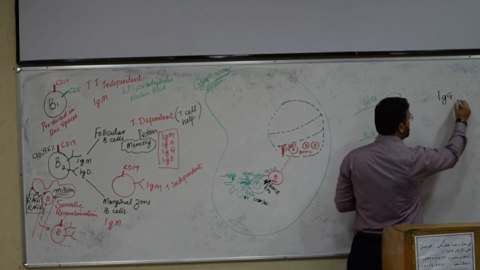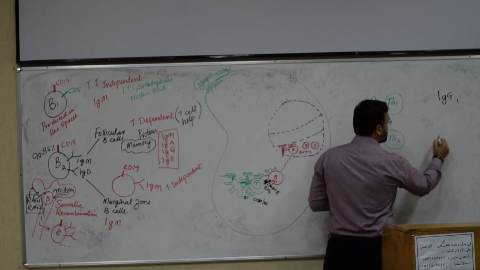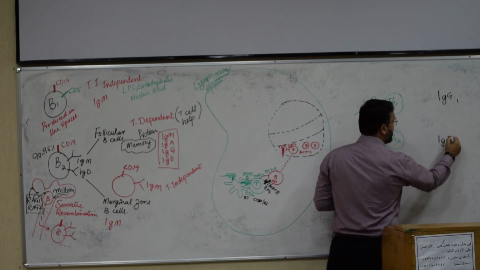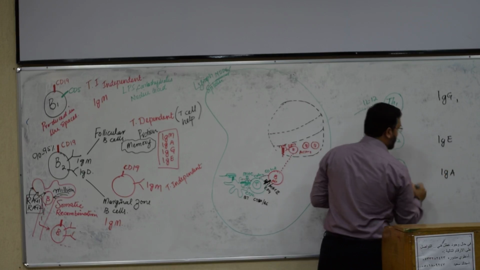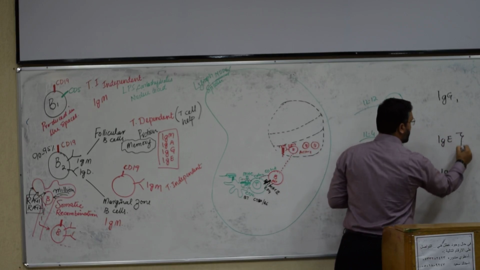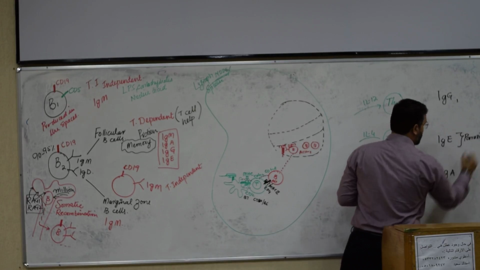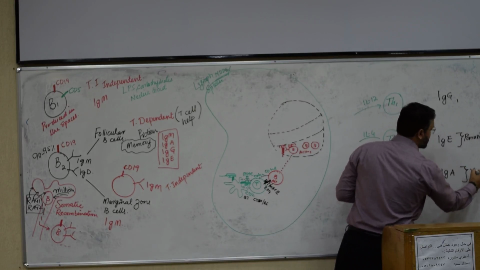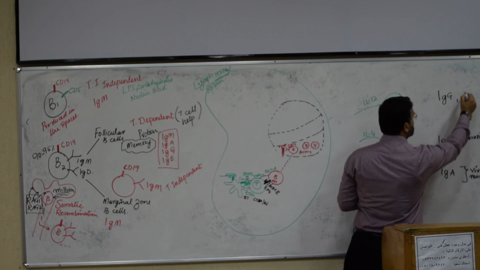We will not talk about the different types, IgG 1, 2, 3, 4, for simplicity. Th2 can produce IgE. Th17 can produce IgA. So this is against parasites. This is against viruses at mucosal surface. And this is against bacteria.